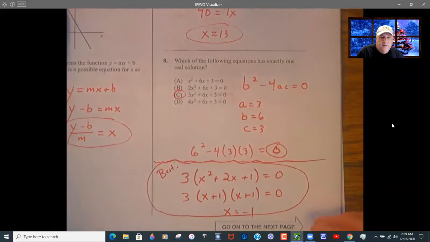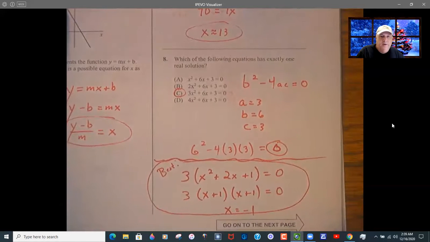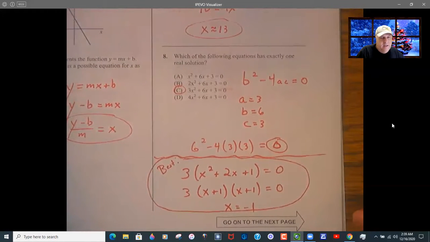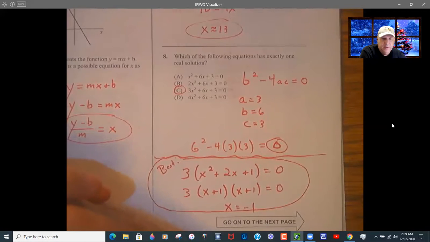Problem 8. So this is about the discriminant being 0. And you have to kind of know this because you don't have your graphing calculator here. So which one of these has a discriminant equal to 0? You can probably factor too. I put best there. Try to do some factoring, and you'll notice that as you try to factor, only C factors.